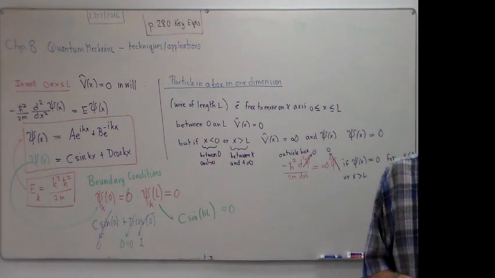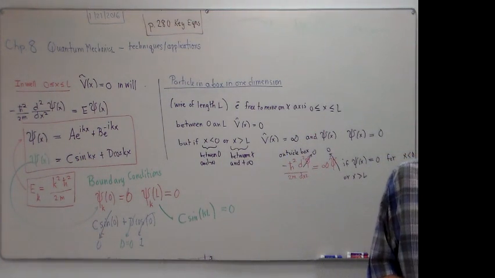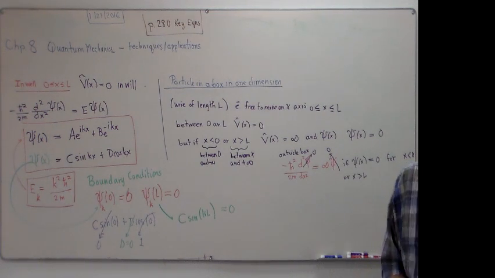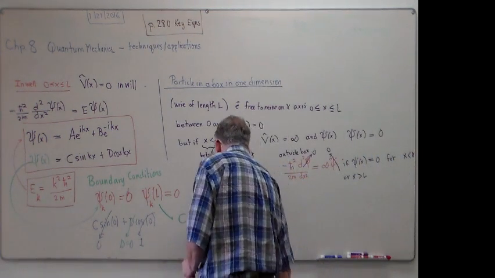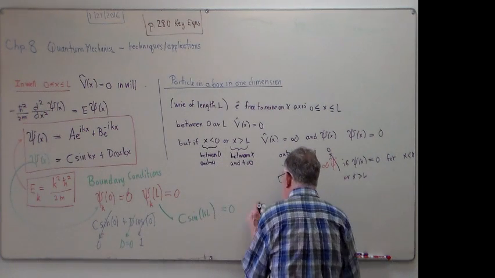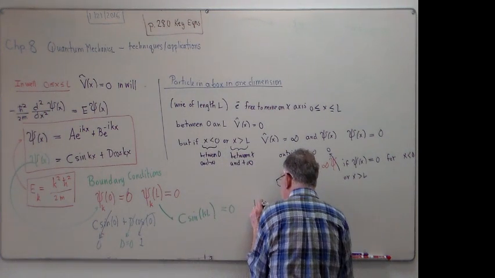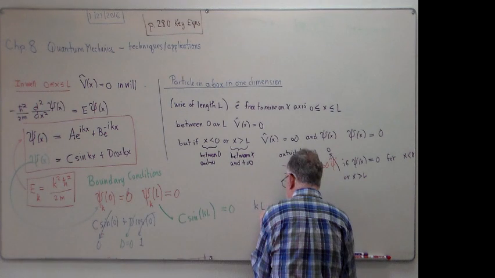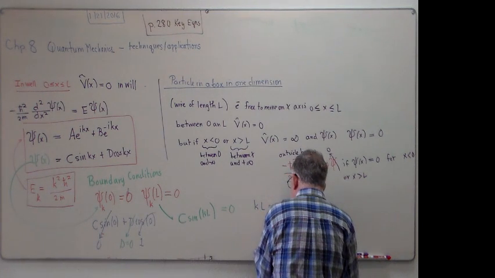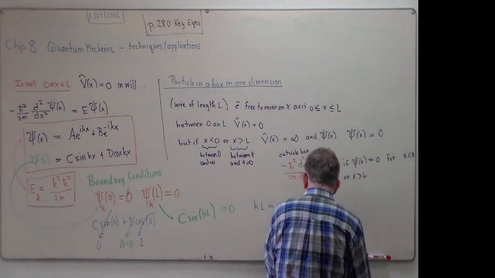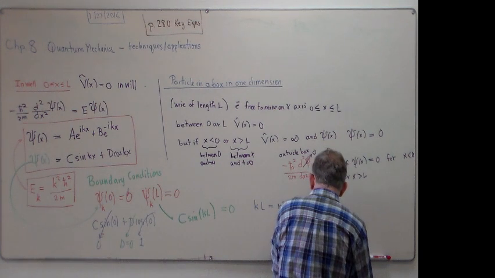The sine is 1 at pi over 2. Oh, sorry. Sine 0 is 0 at 180 degrees, pi. So KL has to equal n pi, where n can be 0, 1, 2.